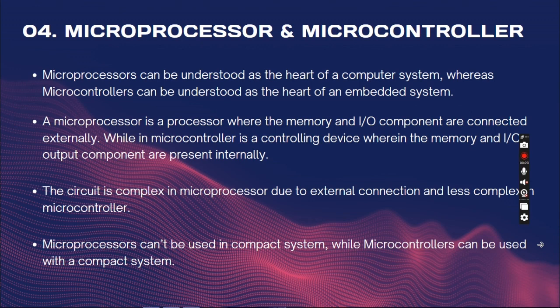But in a microcontroller, it is a controlling device which comprises memory and I/O components present internally already. The circuit is complex in a microprocessor due to external connections and less complex in a microcontroller. Microprocessors cannot be used in compact systems, but microcontrollers can be used in a compact system.